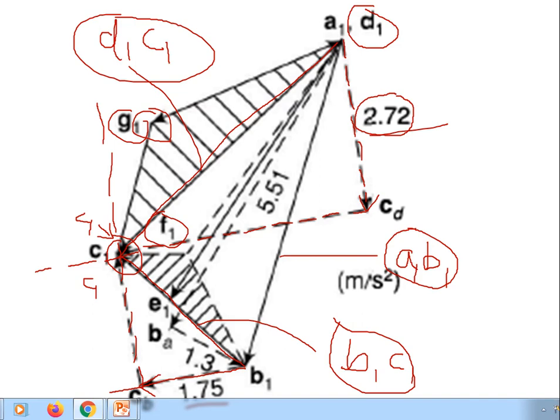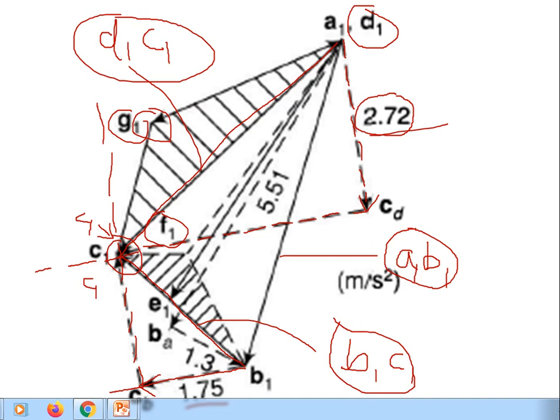Take a line from C1 to F1. You can take the ratio, using the similar triangle, and mark the point F1. Similarly from B1 to F1, similar triangle with respect to BF, and cut the arc here, and the intersection of this point will be located as point F1. Then once you get F1 you can join A1 to F1.